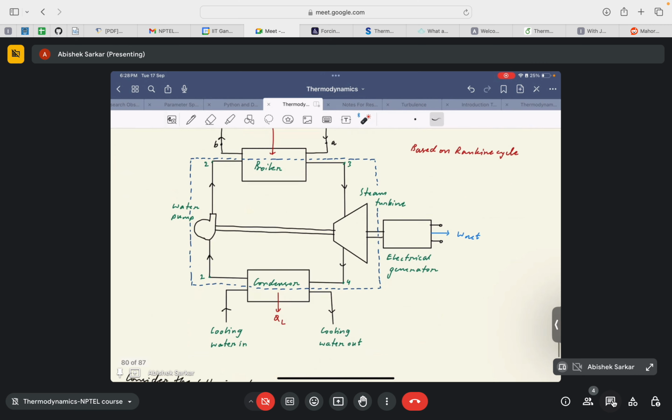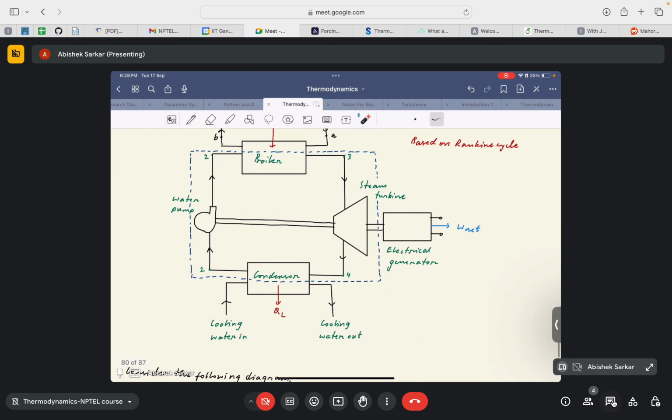This steam, after being expanded in the turbine, now goes to a condenser where it is condensed back to a liquid form. Since it is being condensed, it rejects heat to the atmosphere, so heat is being emitted out of the system, denoted by QL. L and H denote the lower temperature and the higher temperature.